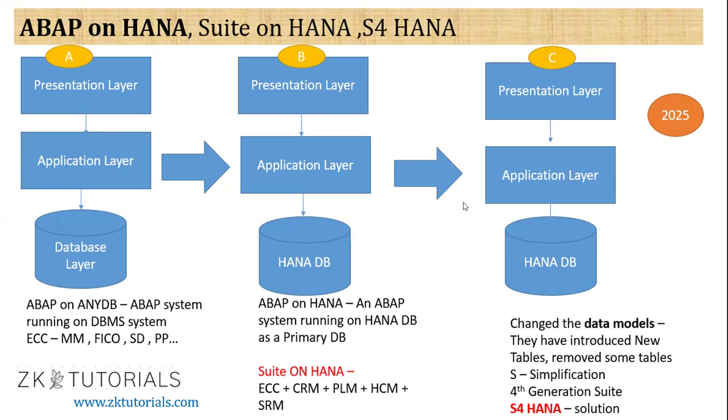Also, we have seen two more important tools through which we can check our code before moving to the S4 HANA system. First is SCI, SAP Code Inspector, and another is ABAP Test Cockpit (ATC).